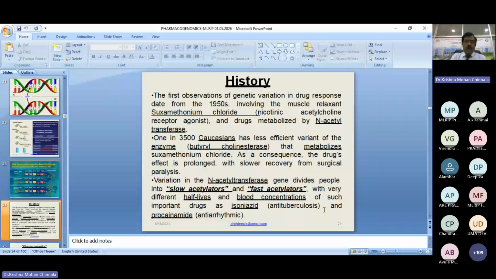Okay, we already studied in B.Pharm itself about the N-acetyltransferase gene, which divides the people into slow acetylators and rapid acetylators, taking the example of Caucasians, where a few people are not tolerant to N-acetyltransferase also. Okay, such types of examples show that individual genes are altering the drug action.